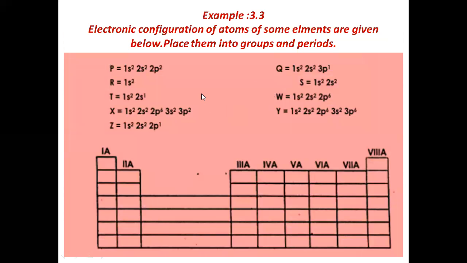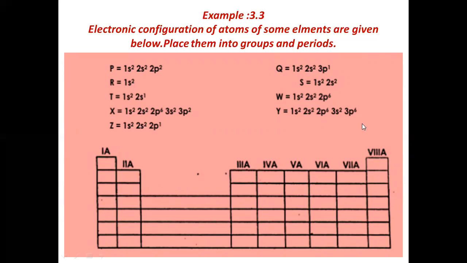Then R is 1s2. 1s2 means the first period, because n is equal to 1, and 2 means 2 electrons are there, so it must be in the second group, but this is an exception because in 1s2 the first shell has 2 electrons, and this shell is completely filled.